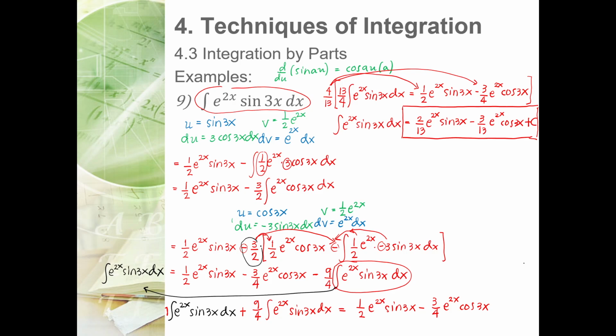So negative 3/2 times 1/2 and times negative 3. Okay. So any more questions? So I think there's no more question.